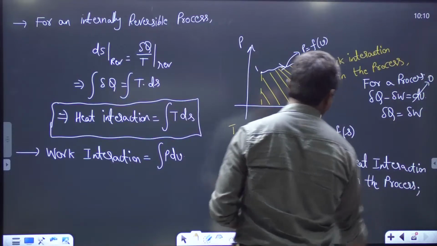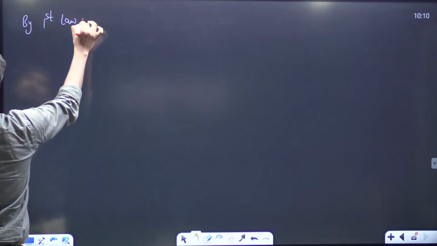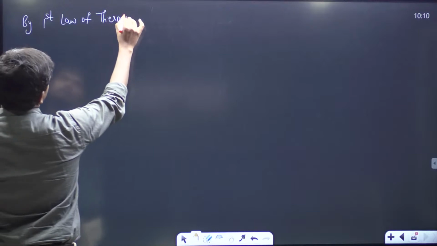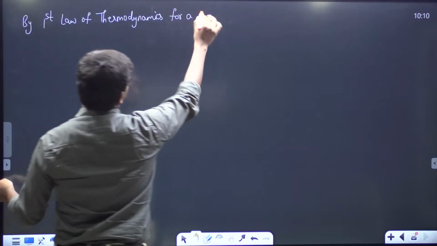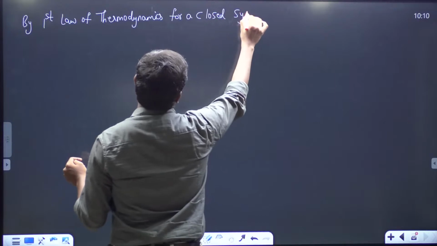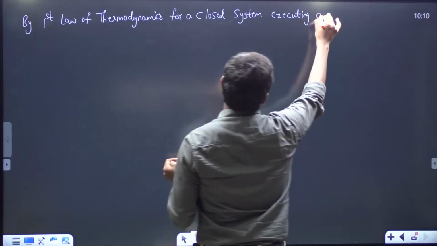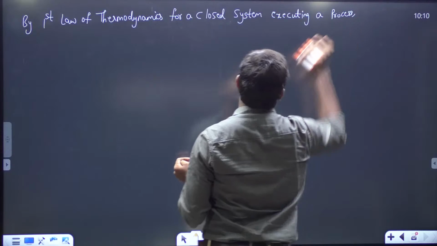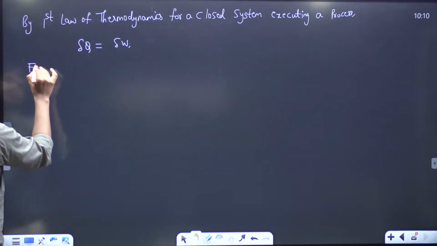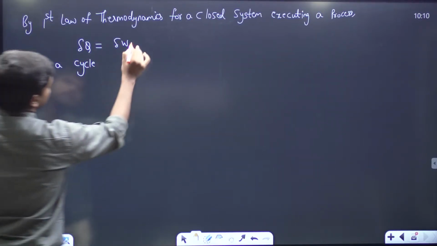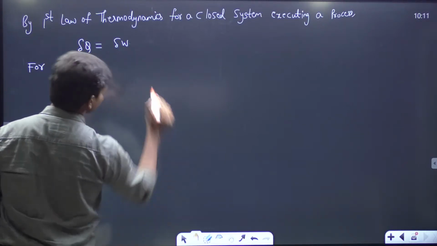So if you apply this for a cycle, by the first law of thermodynamics, for a closed system executing a process, we know del Q is equal to del W plus dU.